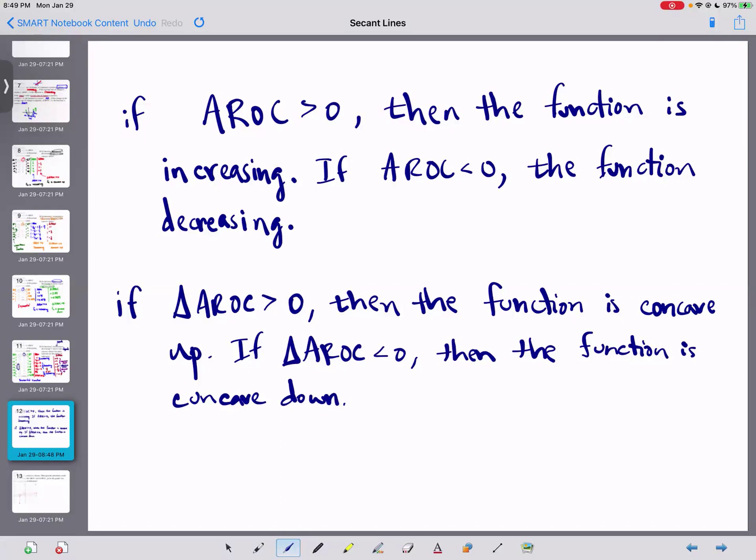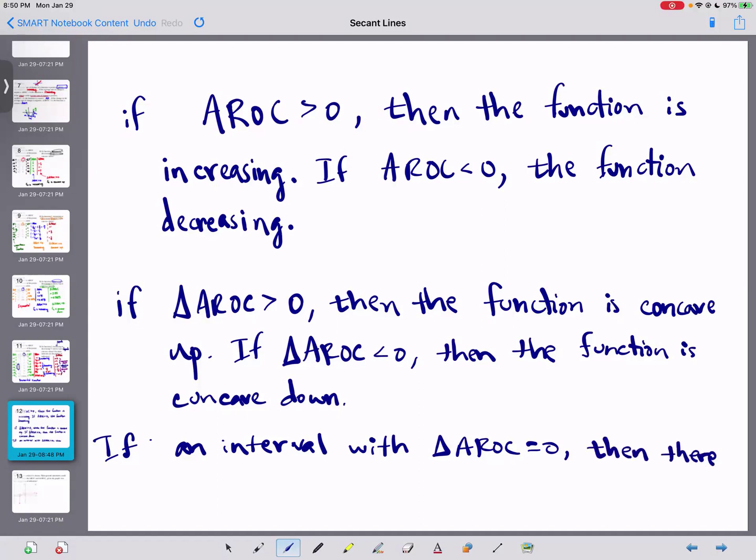For any function that has both positive delta AROC and negative delta AROC, at an interval with delta AROC equaling 0, then there is a point of inflection.